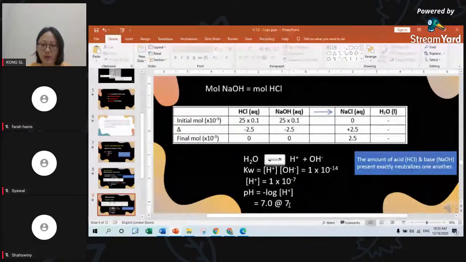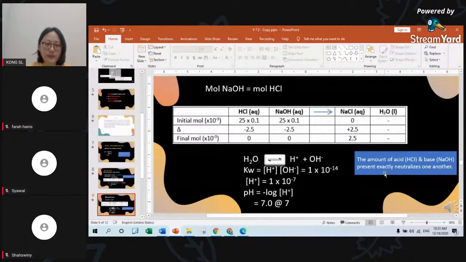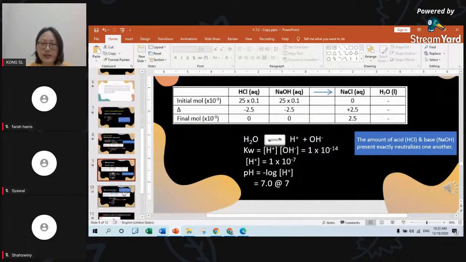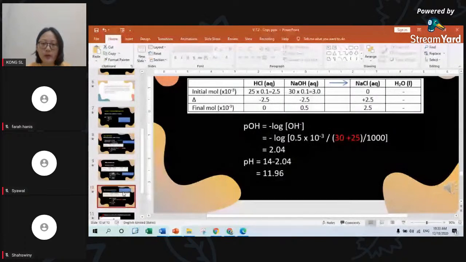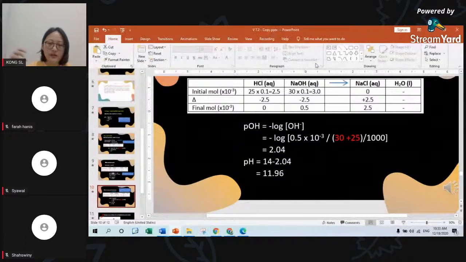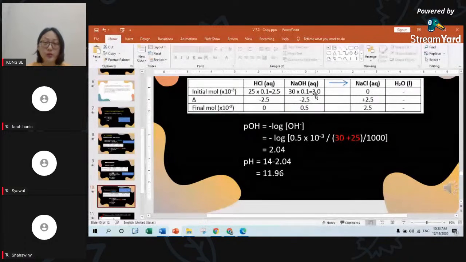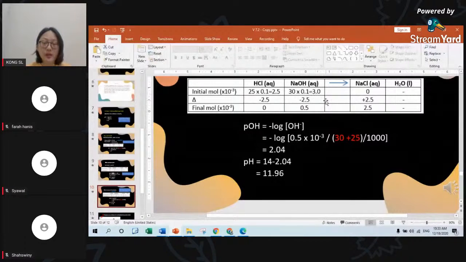So the amount of acid and base present exactly neutralize one another. Okay, so the last part, just now there are 30 ml of sodium hydroxide. After 25 ml react with the 25 ml of HCl, it continues, meaning that there is another 5 ml extra. So over here, the remaining mole is 0.5 times 10 to the power of negative 3 mole of sodium hydroxide. So now you are dealing with pOH because the remaining mole is sodium hydroxide.